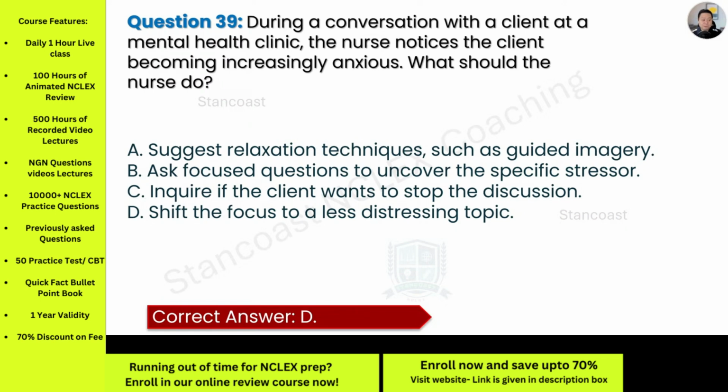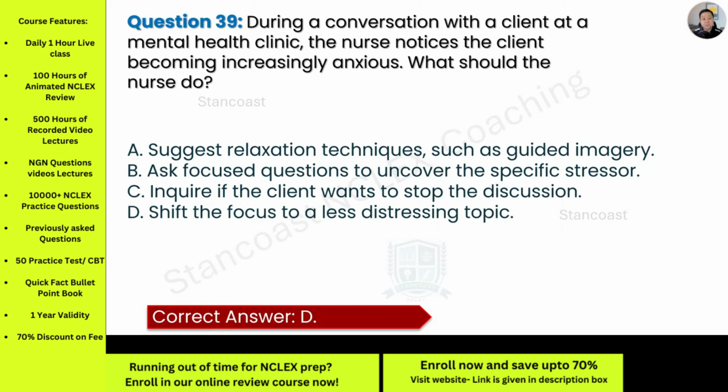Now, letter B, ask focused questions to uncover the specific stressor. This can exacerbate anxiety by forcing the client to delve deeper into the stressor. Big no. Same thing with letter C. Asking the client whether to stop may also put undue pressure on them and may also increase their anxiety.